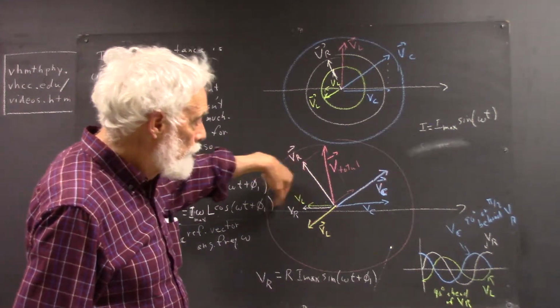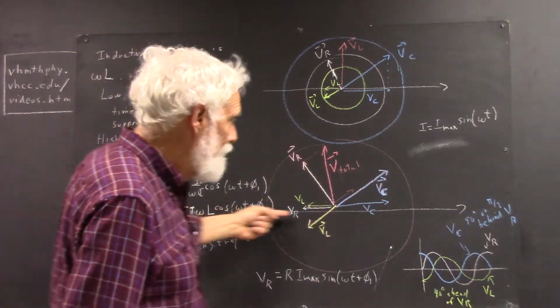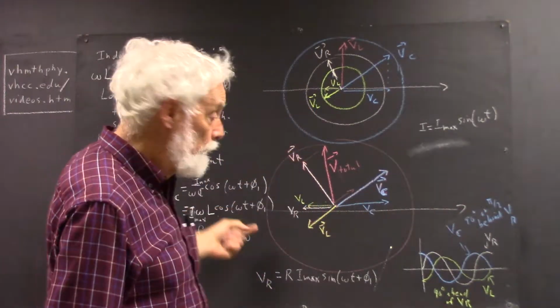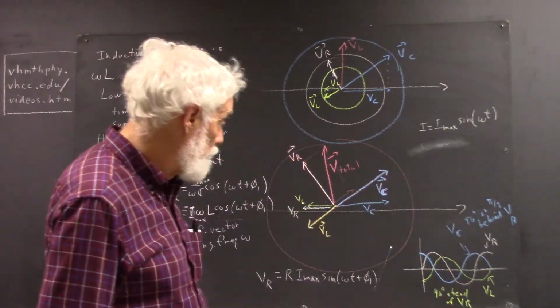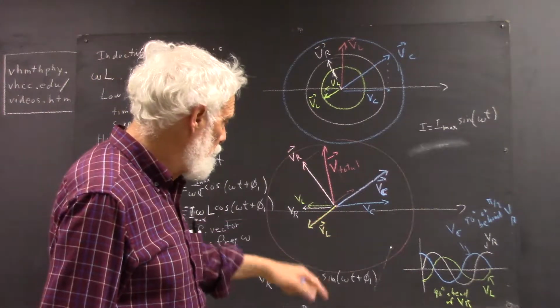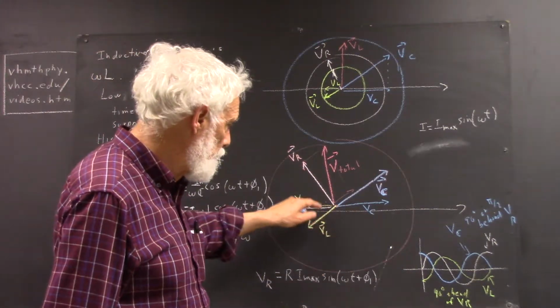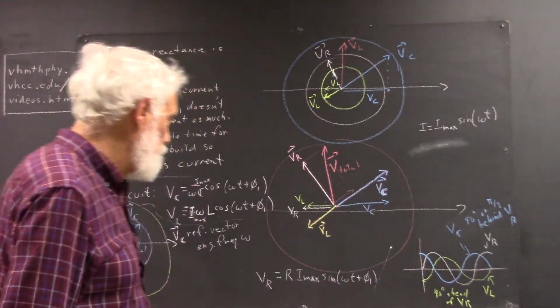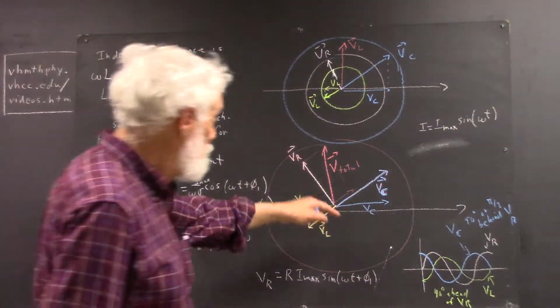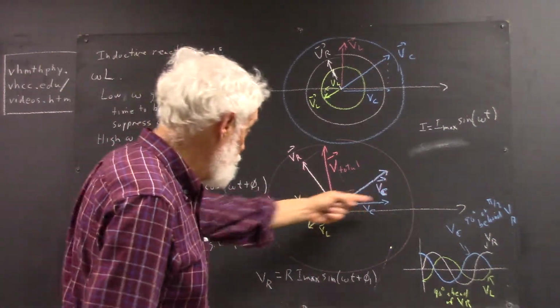All these vectors are projected onto the x-axis, which I screwed up and drew too low. The x-axis should actually be up here. It's just as well because I don't really want the axis in the way, but the axis should be right on top of all these horizontal vectors.